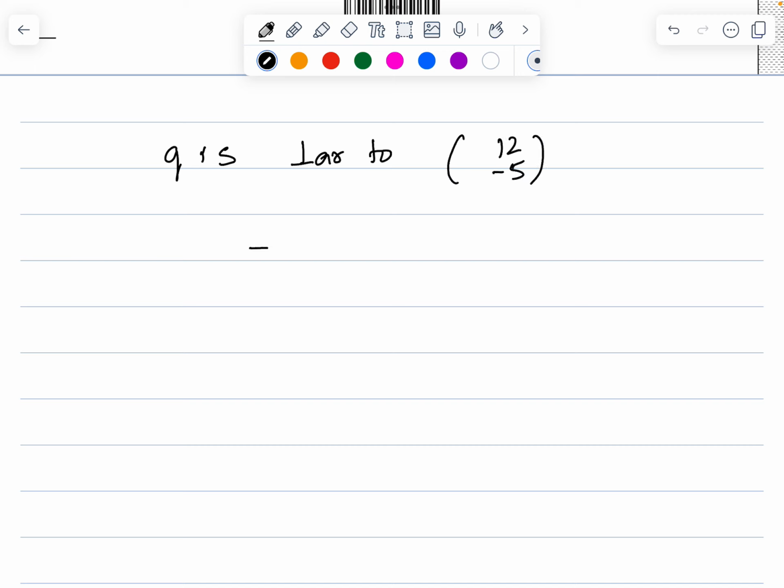What is perpendicular to (12, -5)? It will be (5, 12), so that the dot product will be equal to 0. Now it should be in the direction of this one. So Q should be equal to some K times (5, 12).